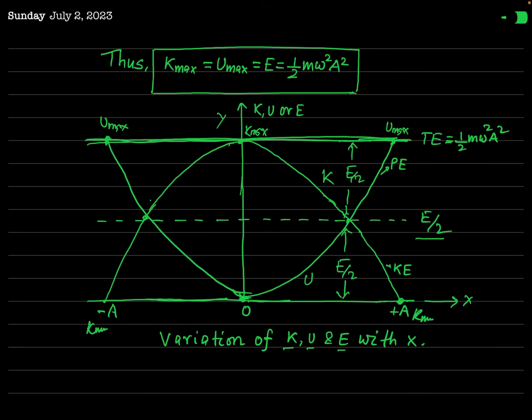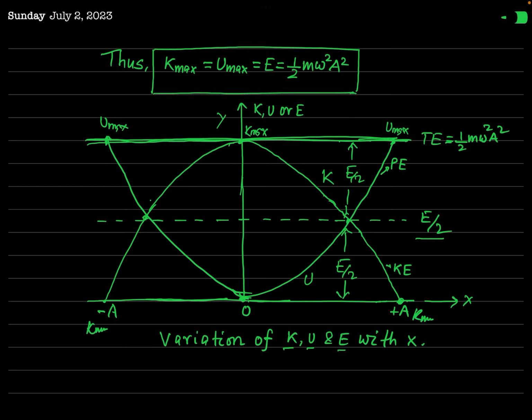Now you can see I have shown in this figure how the potential energy and the kinetic energy vary with x. As you have seen, these two functions K and U vary with x in a parabolic manner.